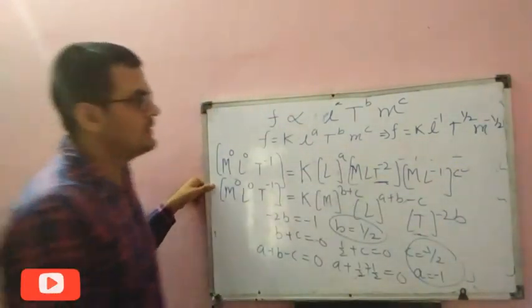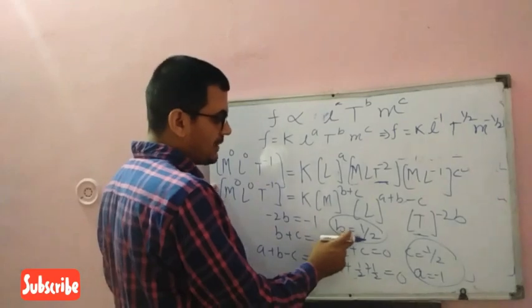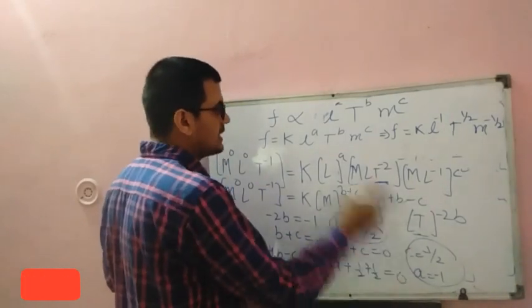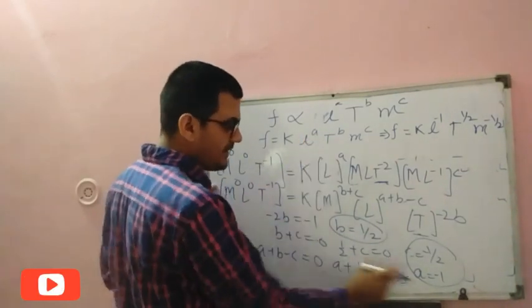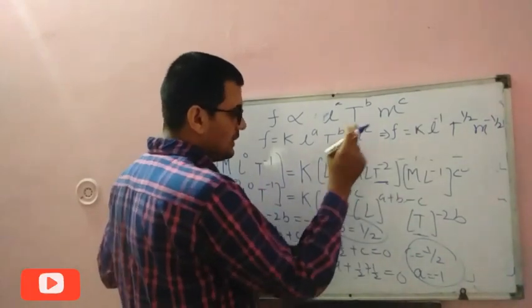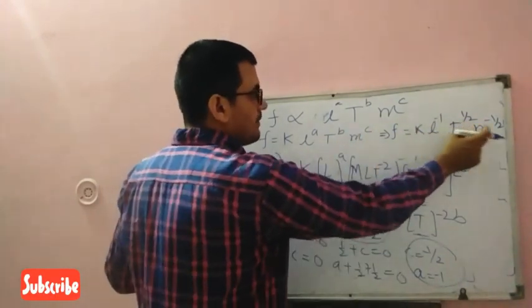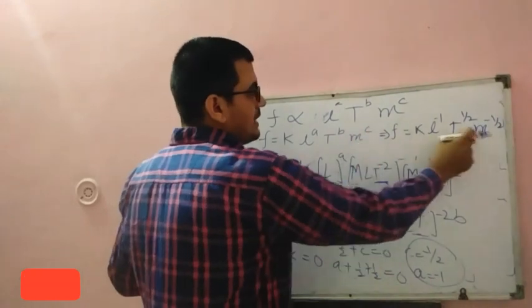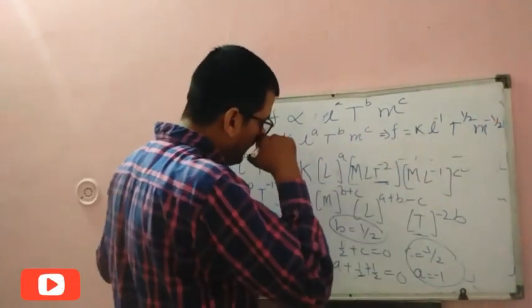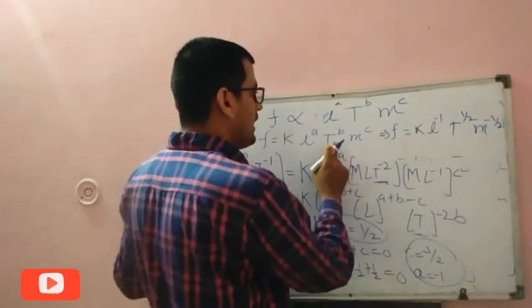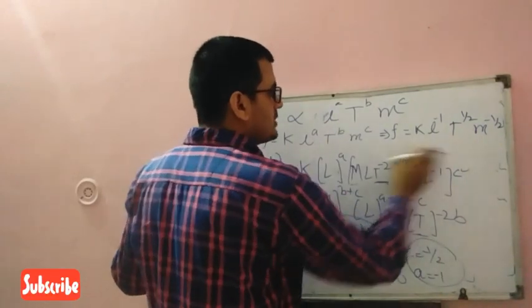What I have done is put the values of A, B, C in this place. The value of A is minus 1, the value of C is minus 1 by 2, so M power minus 1 by 2, and the value of B is 1 by 2. Now this is the relation.